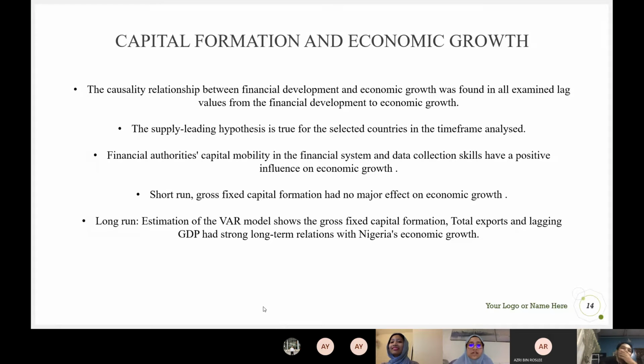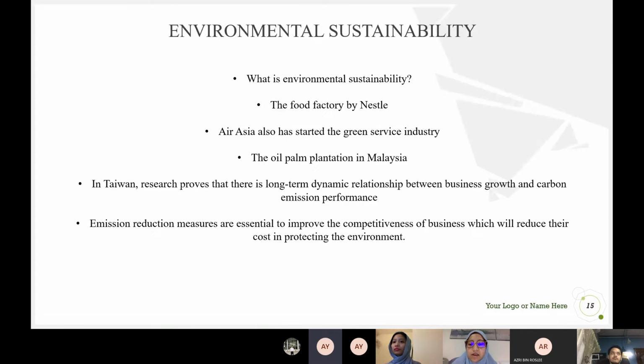Long run estimation of our model shows the growth of fixed capital formation, total export, and lagging GDP had a strong long-term relation with Nigeria's economic growth. Next.